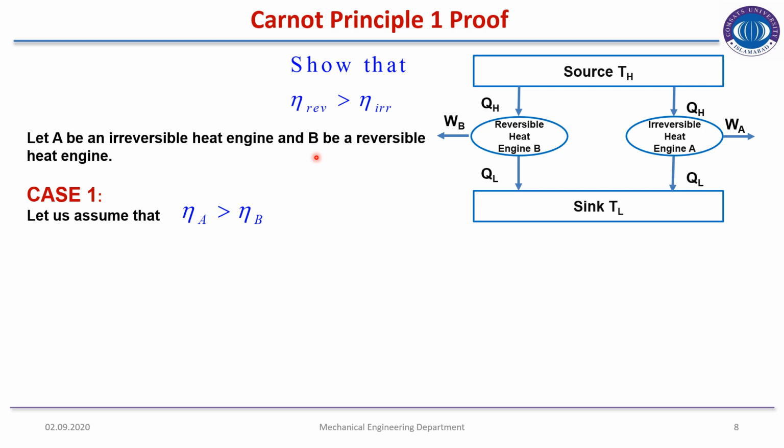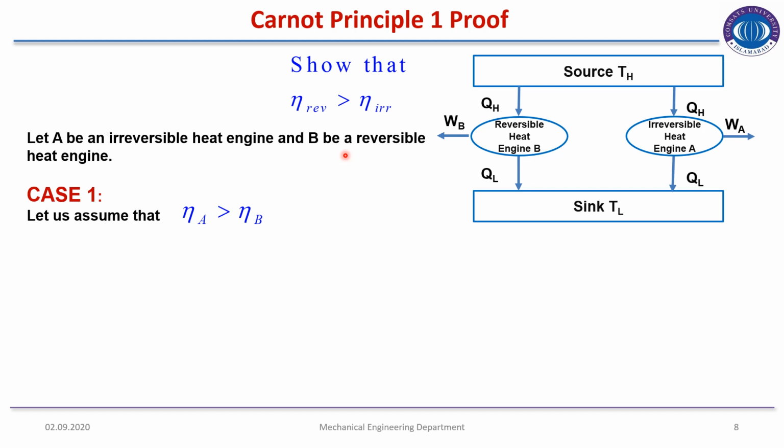So there can be three cases: either the efficiency of the reversible heat engine is greater than the irreversible heat engine, or the efficiency of the irreversible is greater than the efficiency of the reversible, or they both have equal efficiencies.